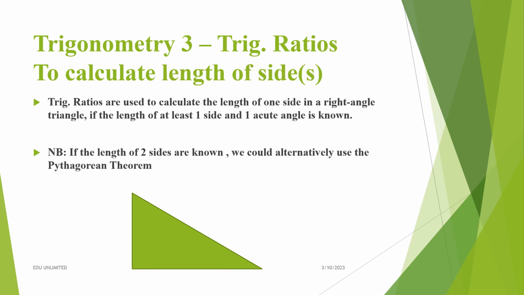Secondly, we use trig ratios to calculate the length of side or sides in a right angle triangle. Trig ratios are used to calculate the length of one side in a right angle triangle if the length of at least one side and one acute angle is known. Let us remember that an acute angle is an angle that is less than 90 degrees.